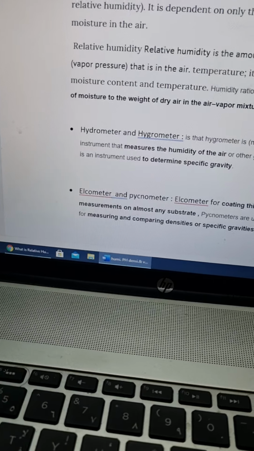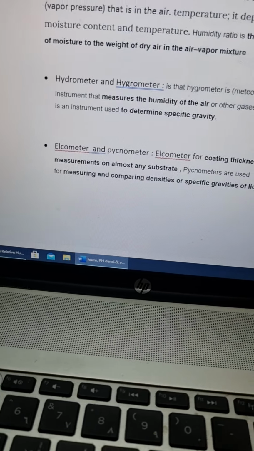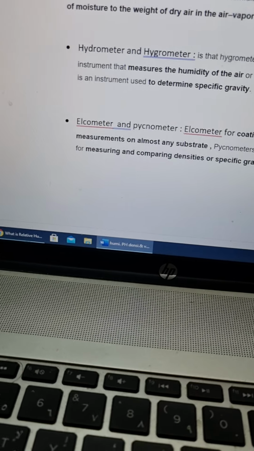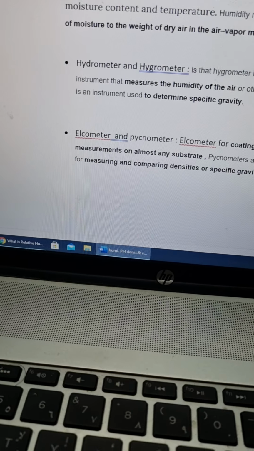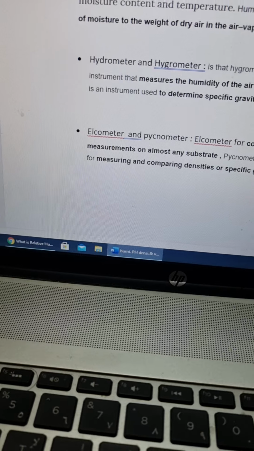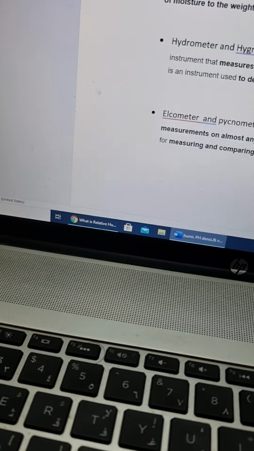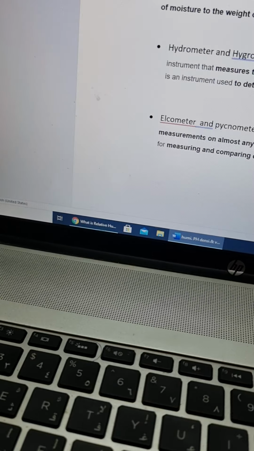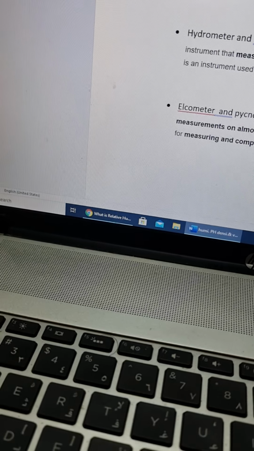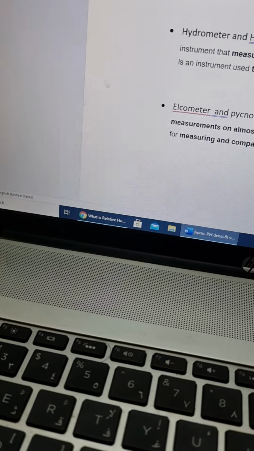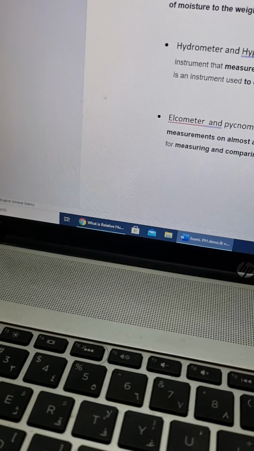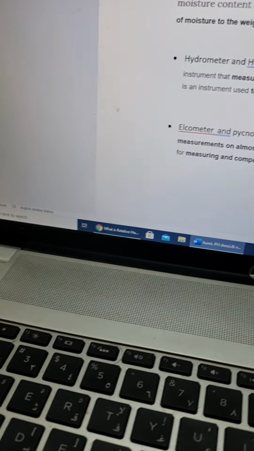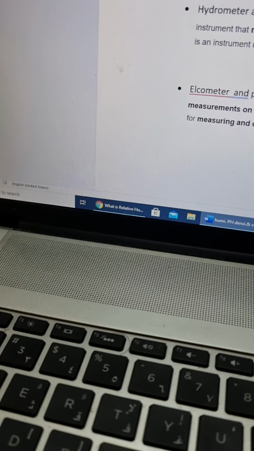Okay. Second question is hydrometer and hygrometer. Hygrometer is an instrument to measure humidity or other gases in the air. Hydrometer is an instrument that is used to determine specific gravity.